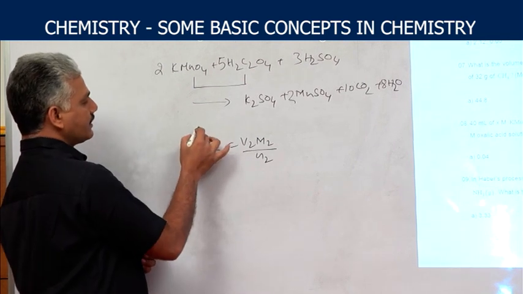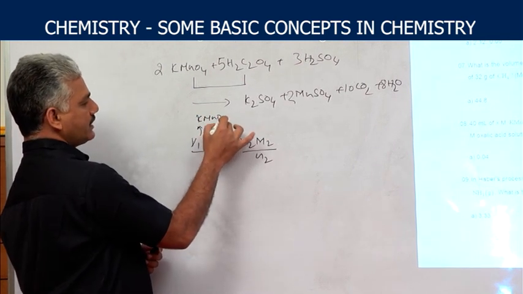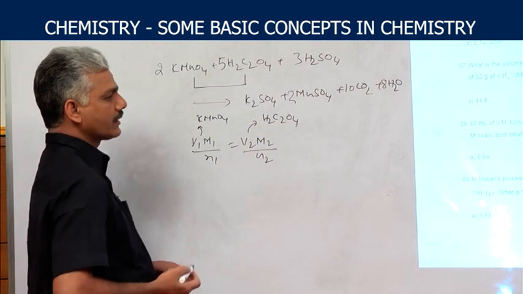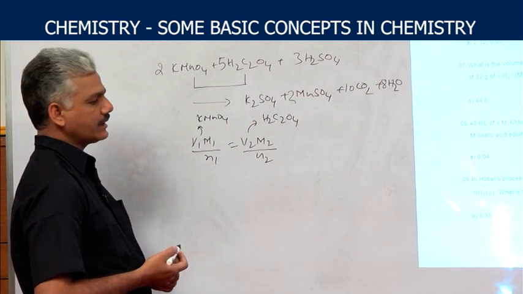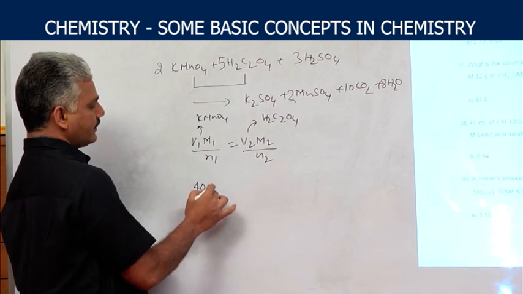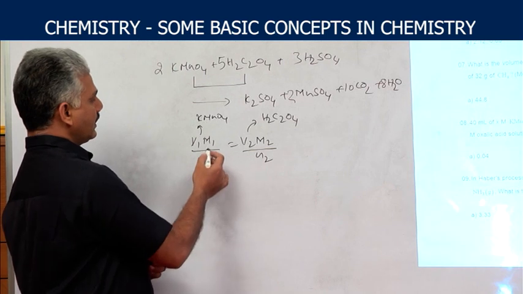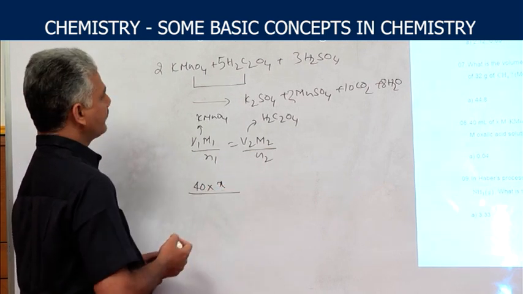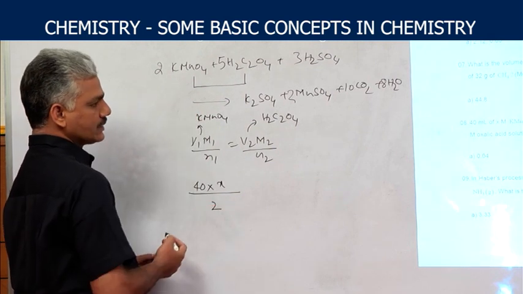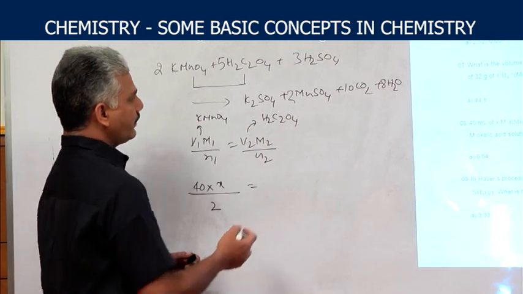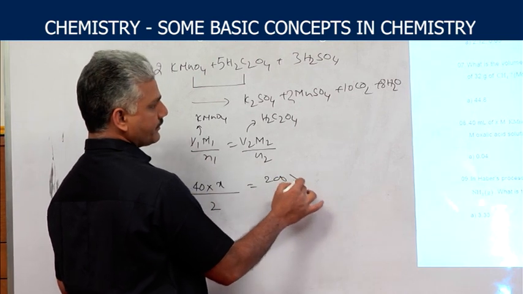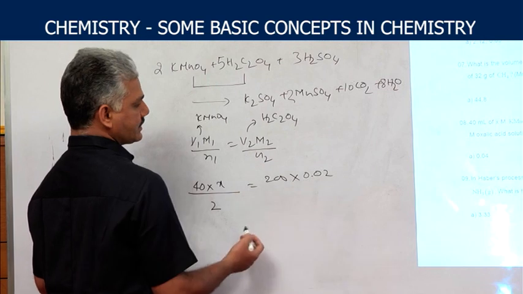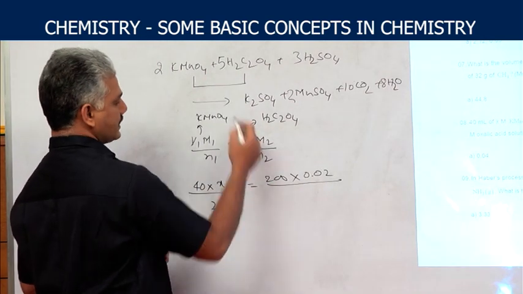Now, you take one set of values for potassium permanganate, another set of values for oxalic acid. Substituting the available data, in place of V1 you take 40 ml, in place of M1, that is what we have to calculate, say X, by number of moles 2. V2 is 200, molarity of oxalic acid is given as 0.02, N2 value is 5.